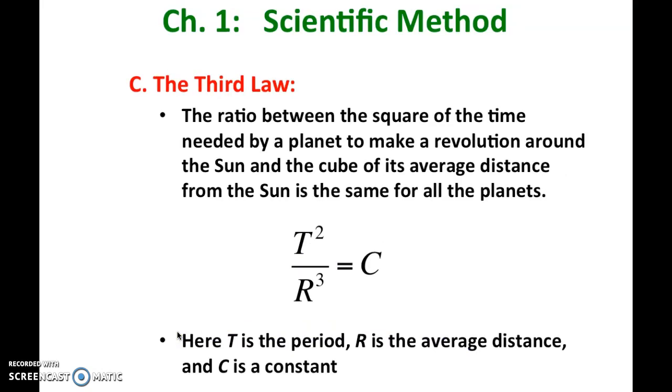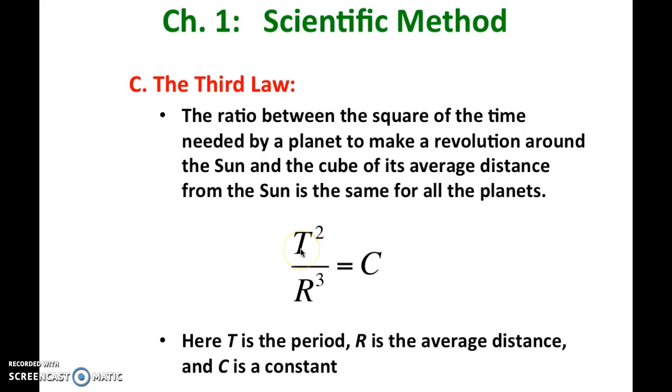Kepler's third law describes that the ratio between the square of the time needed for the planet to make one revolution and the cube of the average distance to the Sun is a constant, independent of planets.